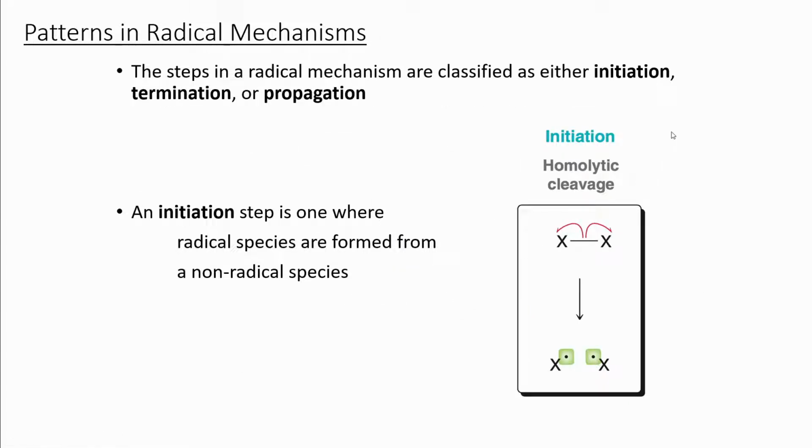The radical mechanism can also be divided into 3 stages. The initiation, where the radical is formed. This stage has a non-radical species become 2 radical species, and then the propagation and termination steps.